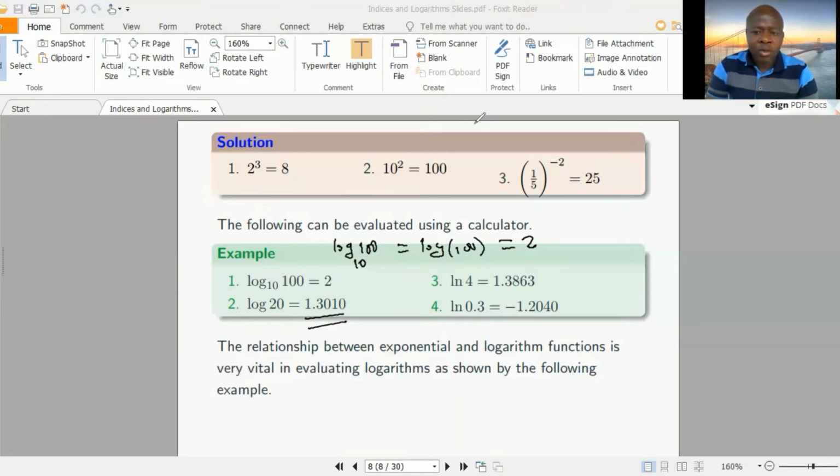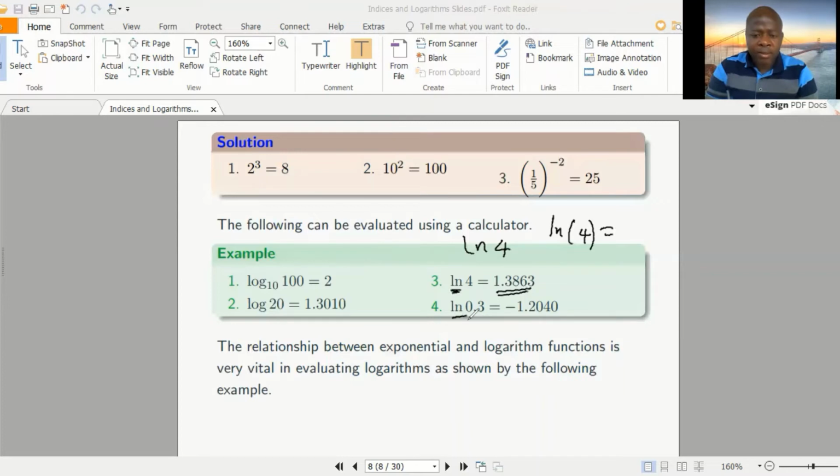There's this natural logarithm, ln. Natural logarithm ln of 4. Your calculator has ln. So just press ln on your calculator, brackets 4, and press equals, and you should be able to get this.